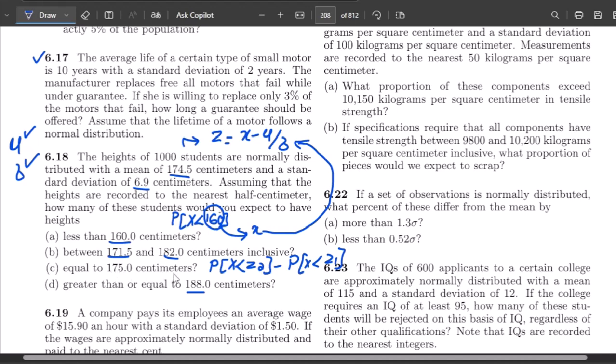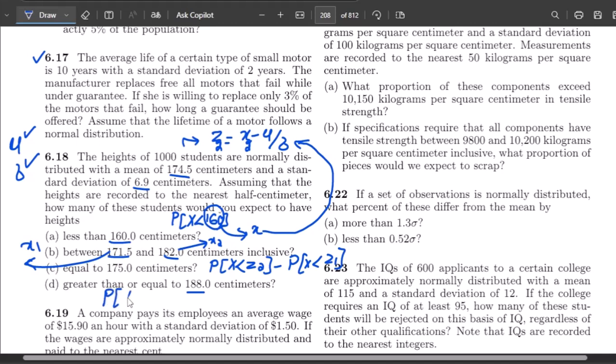Let me call the values x1 and x2. For z1 it will be x1 minus mu divided by sigma, and for z2 it will be x2 minus mu divided by sigma.